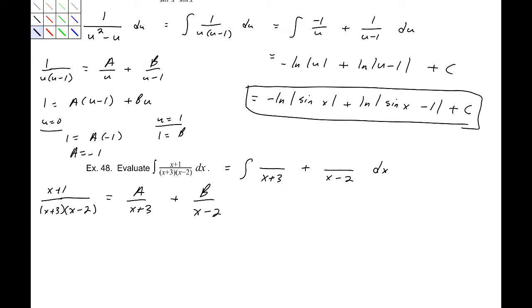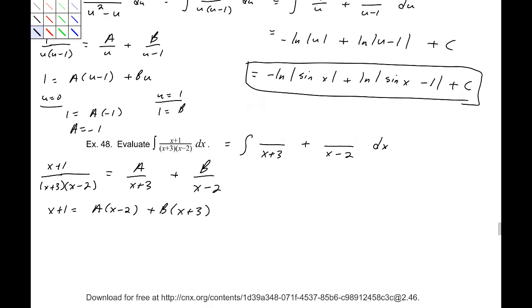Clearing our fractions, we have x plus 1 equals a times x minus 2 plus b times x plus 3. A choice of x equals 2 will work great to find b. So that would give us the equation 3 equals 0, and then that is b times 5, so b is 3/5.